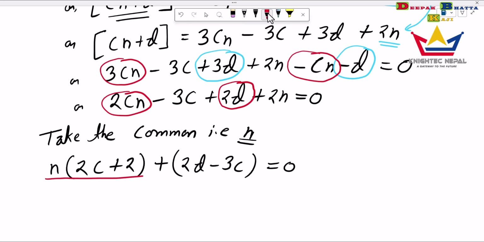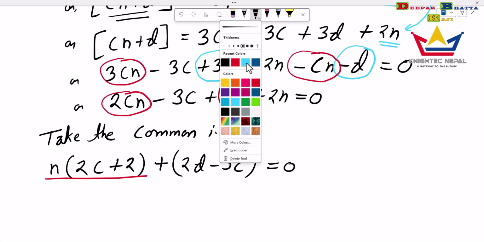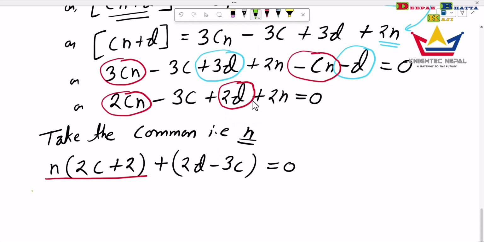So for this part we can have two cases. Case first, that is n equals to 0.